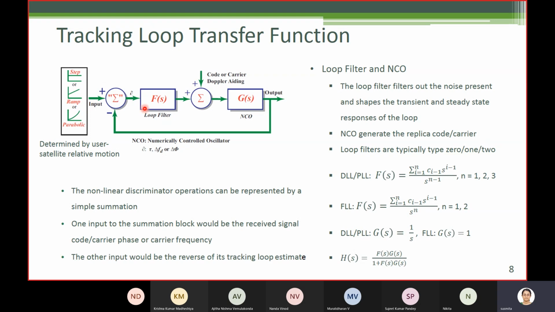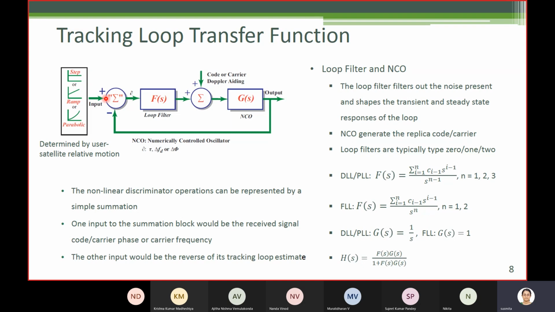This is the loop filter. Now, since everything is linear, we can have a transfer function representation. The loop filter transfer function is F of s. What is the function of the loop filter? When the input comes here, noise is always present. In this case, we cannot avoid noise.